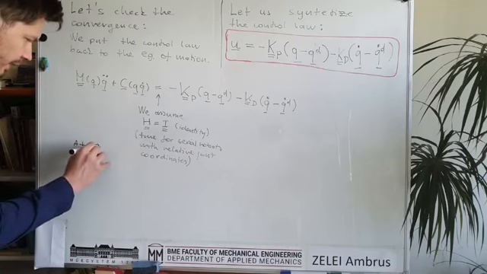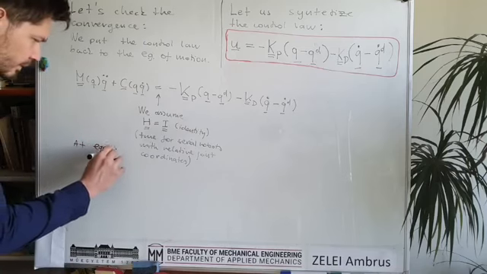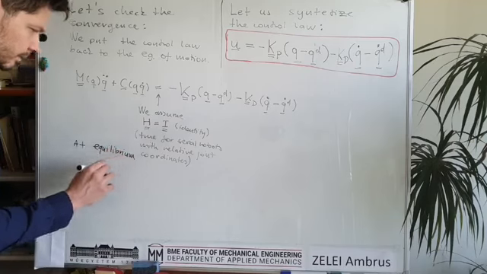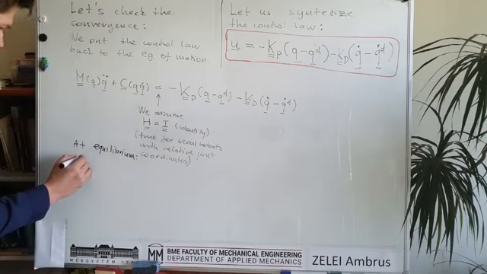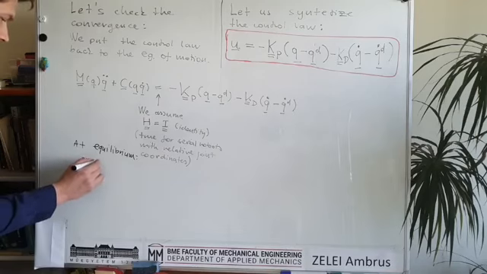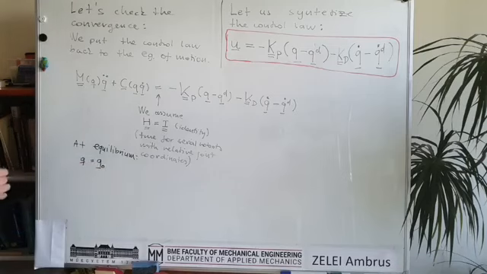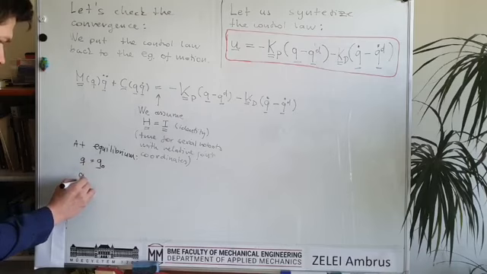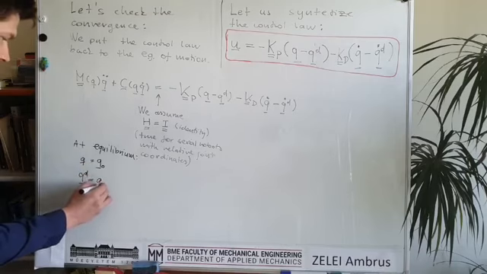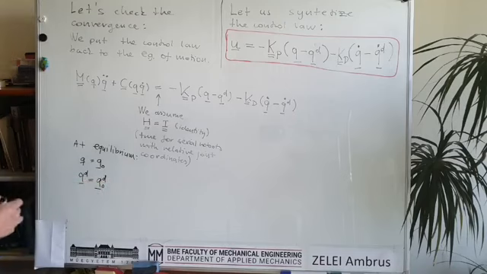Okay, so at equilibrium, we say that q is equal to some q0, the static joint position, and q desired will be equal to some static value again, so it doesn't depend on time.